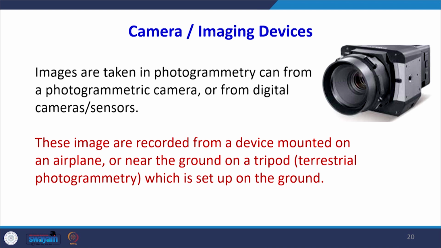But there is also one branch of photogrammetry called terrestrial photogrammetry, where the camera is mounted on a tripod. We are closer to the object and the camera is mounted on the tripod. So the camera was used in two different ways, and the aerial cameras were different from the terrestrial cameras.